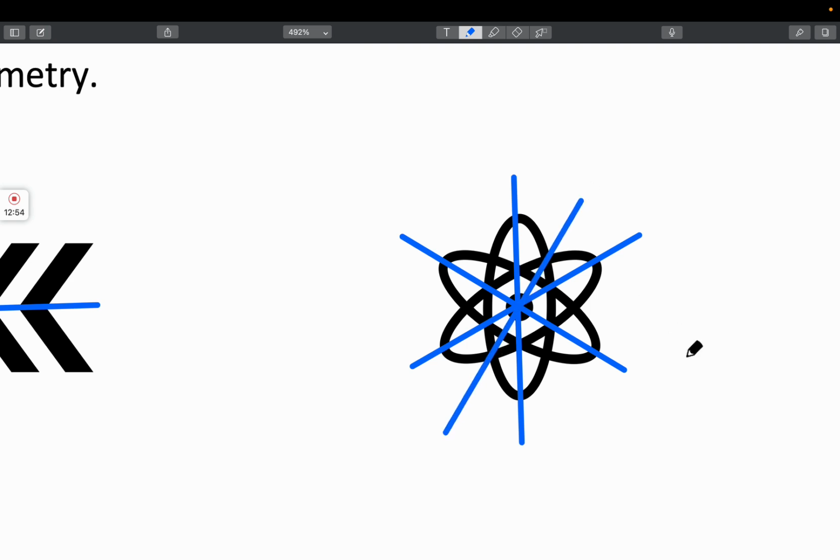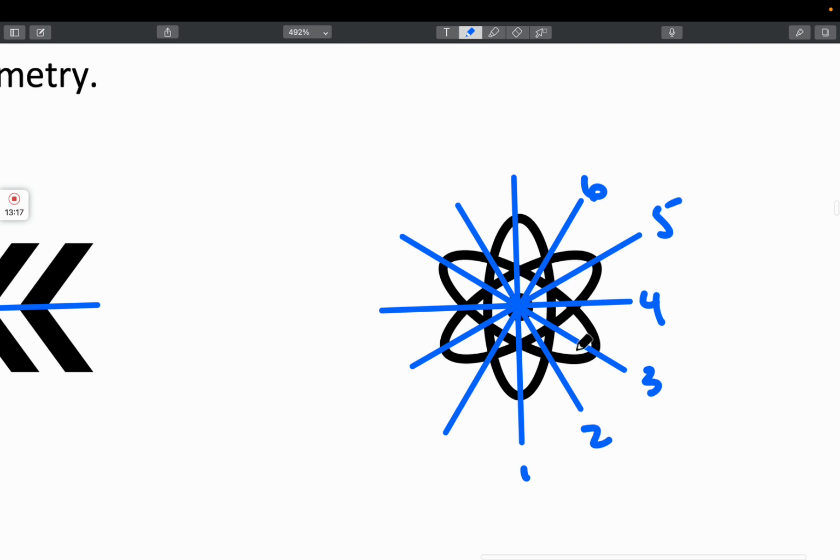That looks like a line of symmetry as well, straight through the middle, left to right. And it looks like I got one more line of symmetry that I can draw in there. So this one is very symmetric, and I can see that I got 1, 2, 3, 4, 5, 6 lines of symmetry. So here I'd say, yep, this is reflection symmetric. There are 6 lines of symmetry.